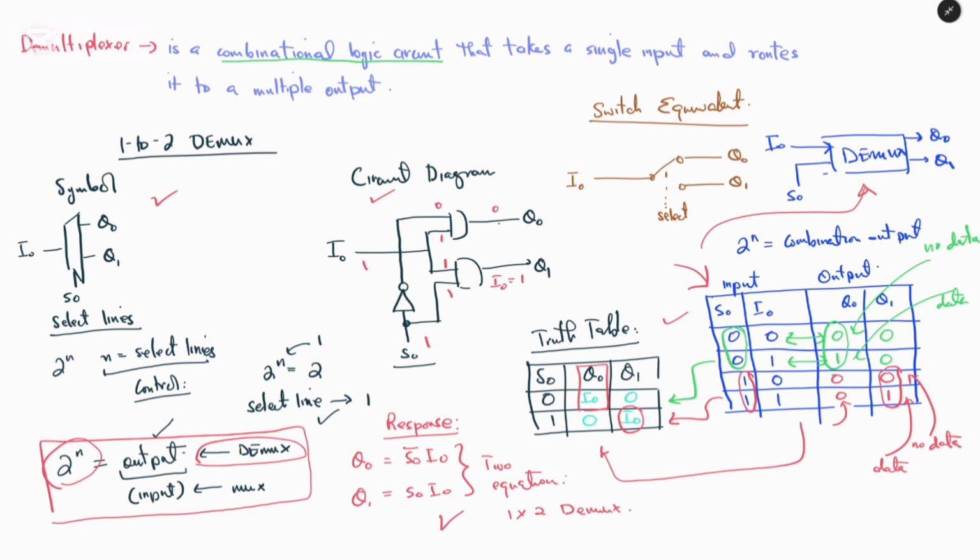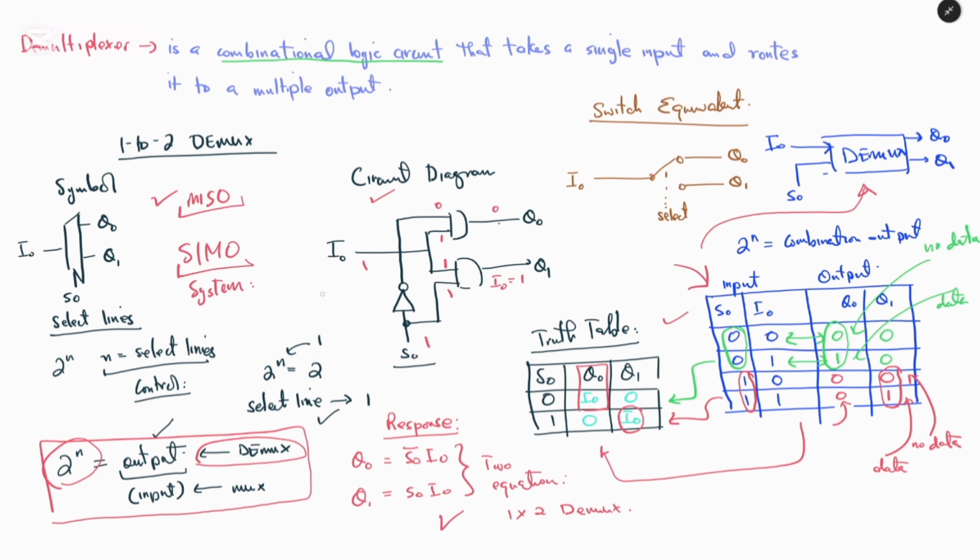If you are doing some research or work in which you have one input and you want to pass this input to a number of outputs, then you can choose to use a demultiplexer circuit. This type of circuit is known as the single input and multiple output system, and it is the opposite of a multiplexer, which is the multiple input and single output system.